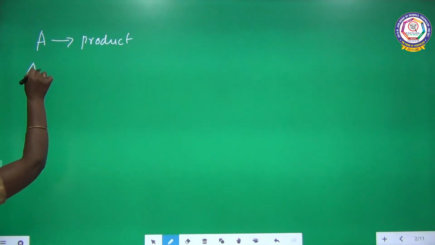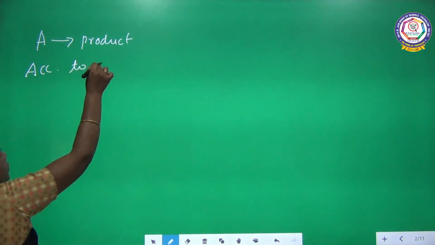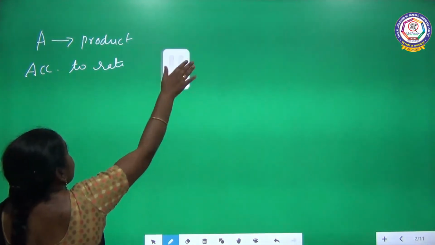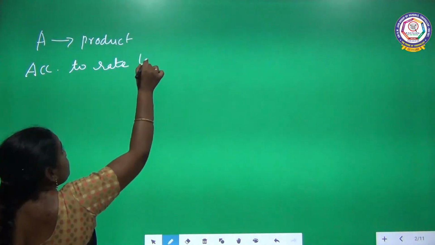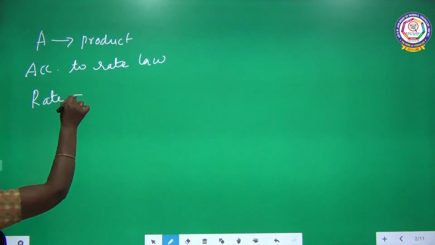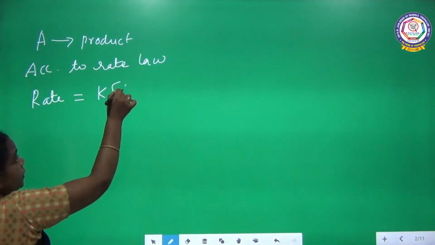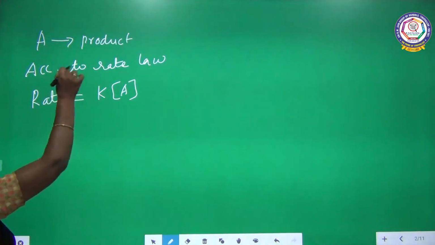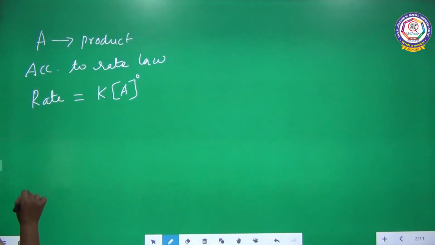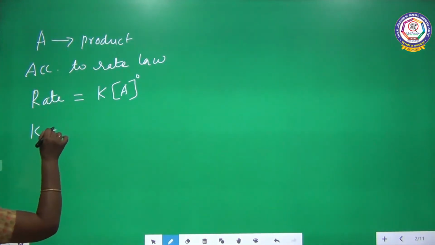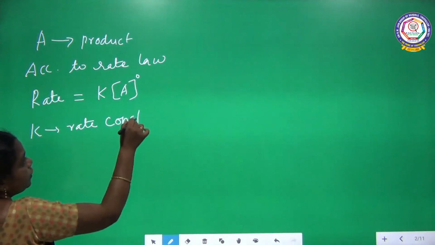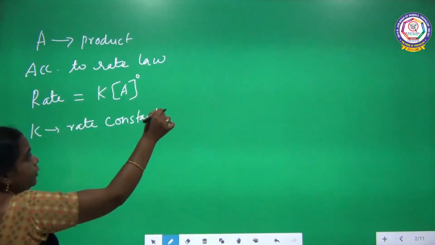According to the rate law, the equation is written as rate equal to K into concentration of A. Here the concentration is raised to the power 0 because it is a zero order reaction. So, K is nothing but the rate constant, and A to the power 0.